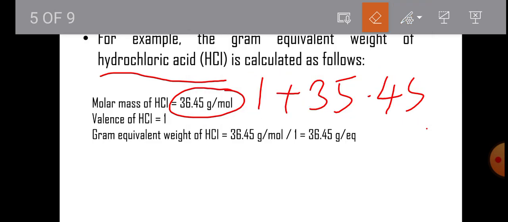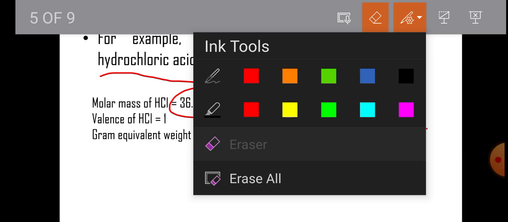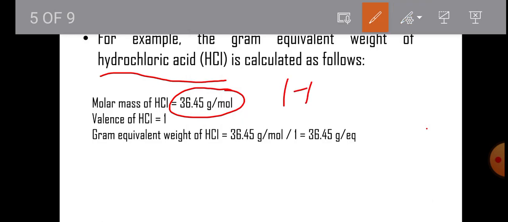And what is the valence? Valence refers to the number of hydrogen atoms dissociated from the acid. When the acid dissociates, it gives only one proton. It yields only one hydrogen atom. Therefore, the valence of HCl is 1.